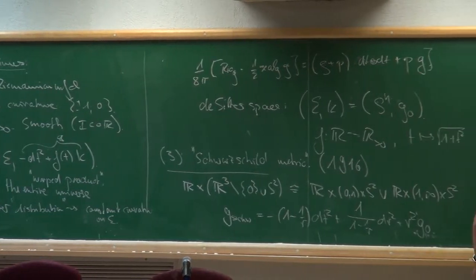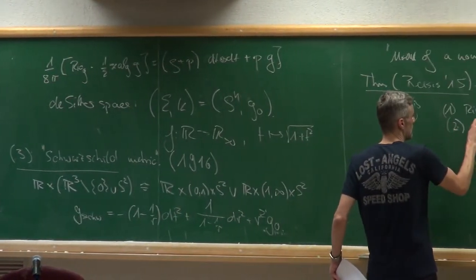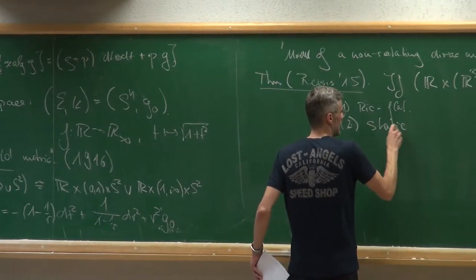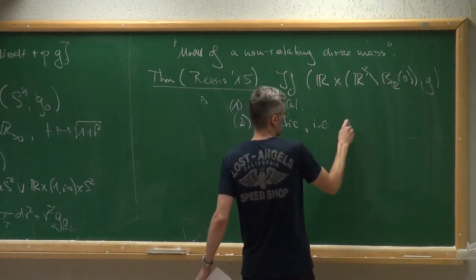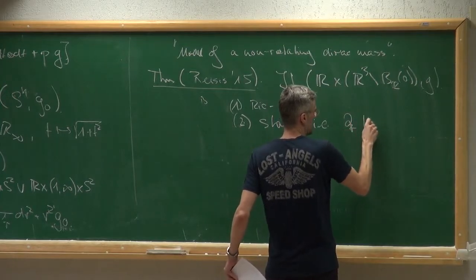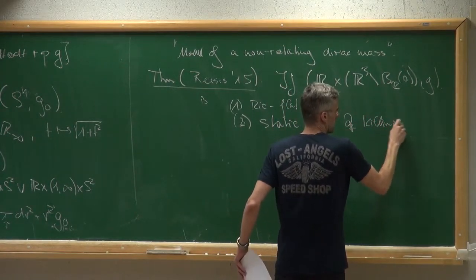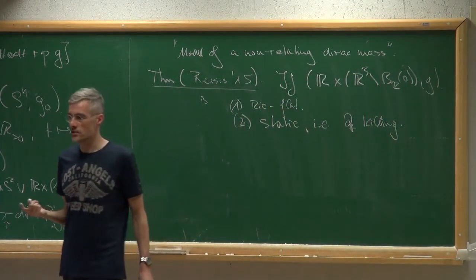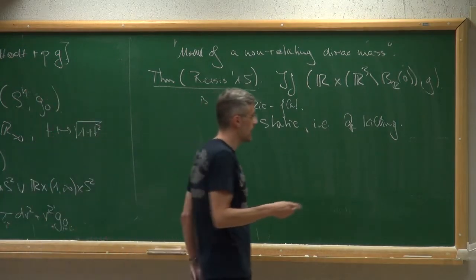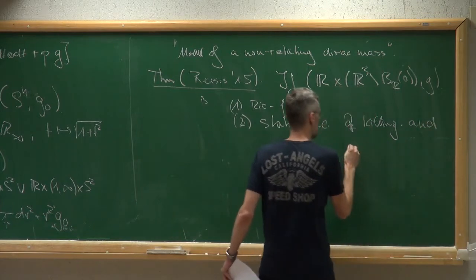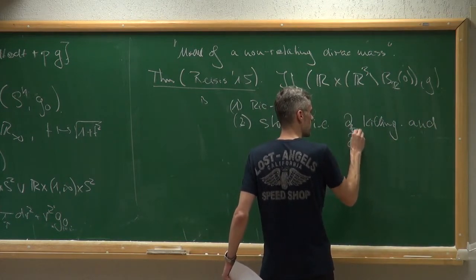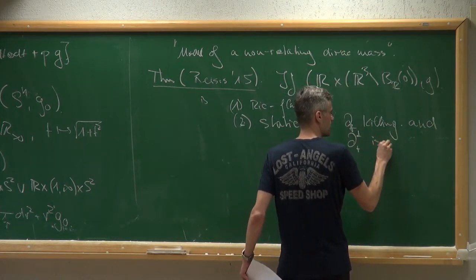It is static, which means, as I already said, that dt is Killing, meaning the flow generates isometries, and dt orthogonal is integrable.